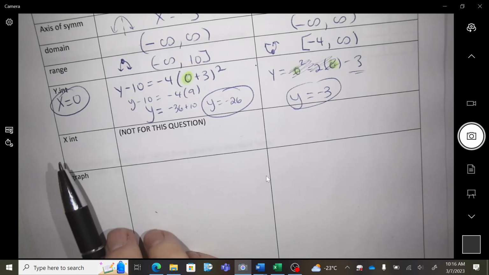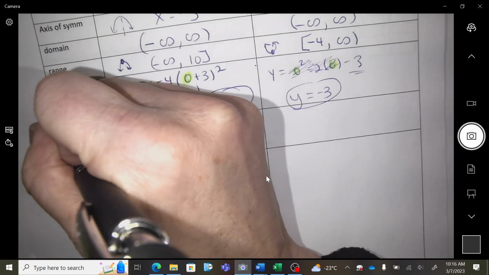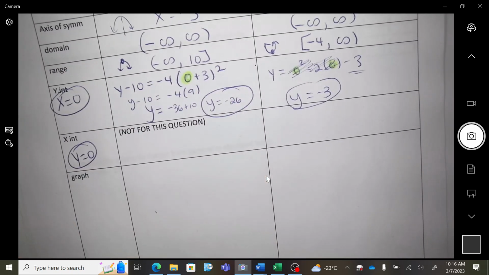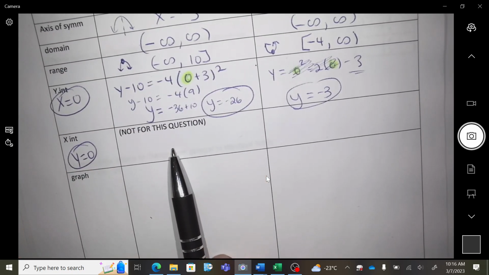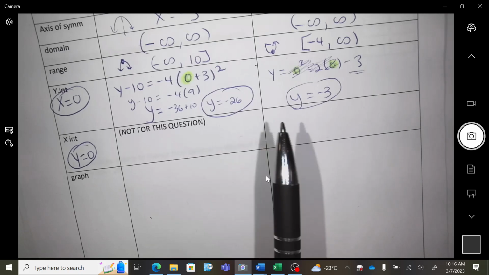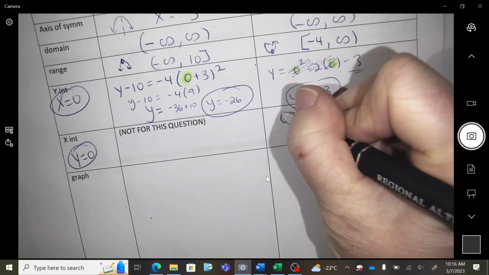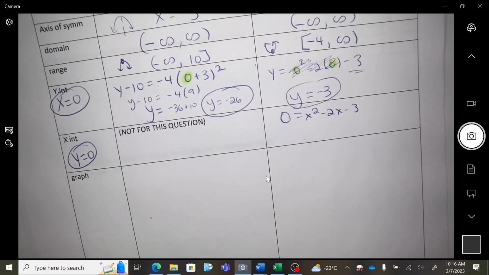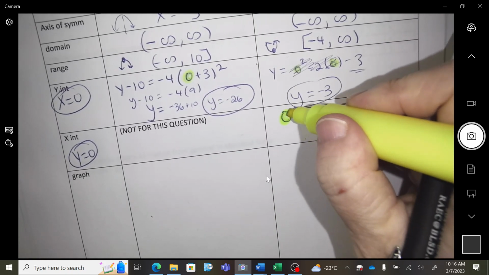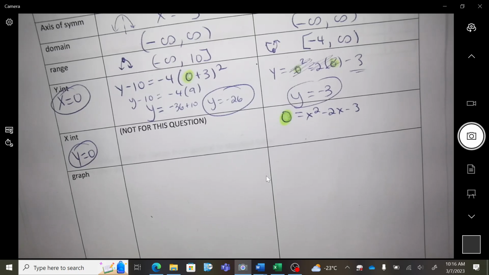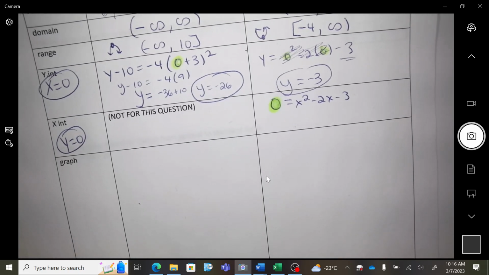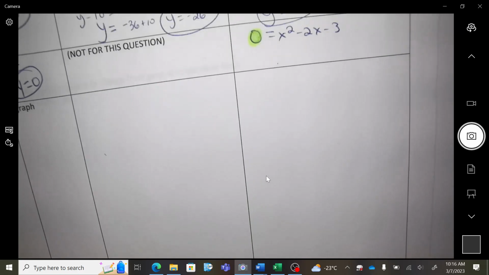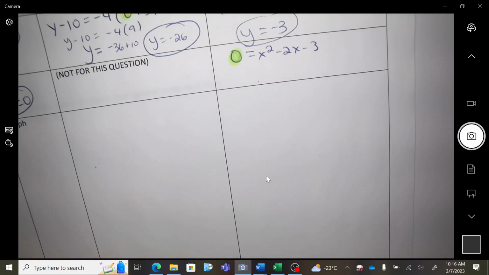Okay, an x-intercept is where y equals 0. So I won't ask you for this question. So where y equals 0. Okay, what kind of math do you do to figure this one out?